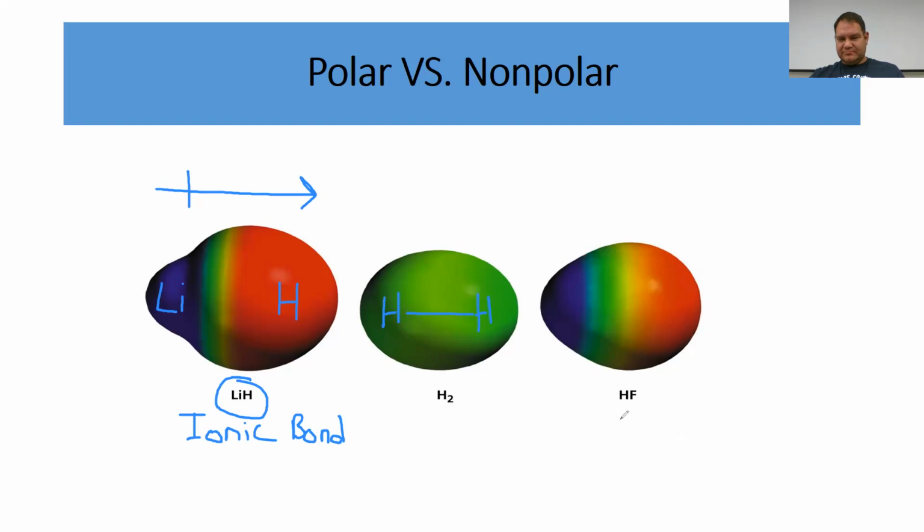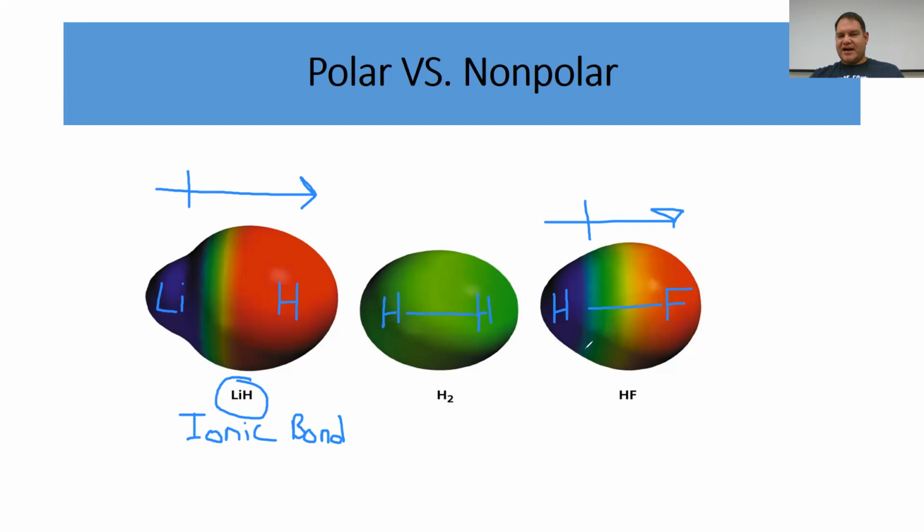Okay. Now let's go back to HF. We got a lot of red over here where the fluorine is, and some blue over here. So it looks like we definitely have a dipole towards the fluorine. The problem is we have to distinguish: is this going to be more ionic or more covalent in characteristic?